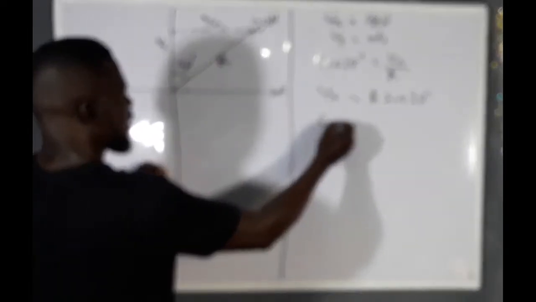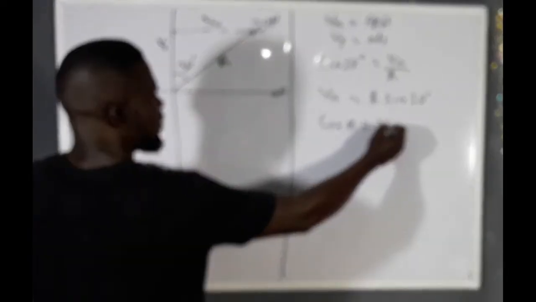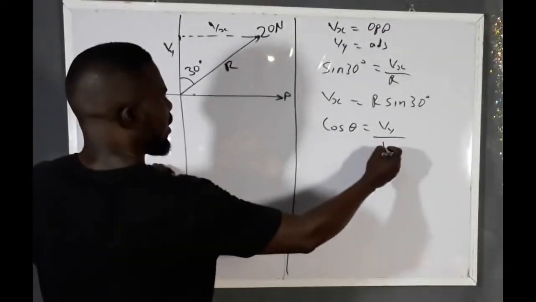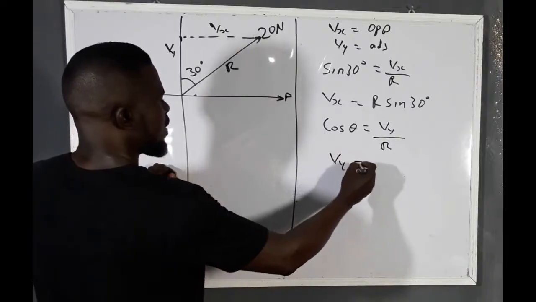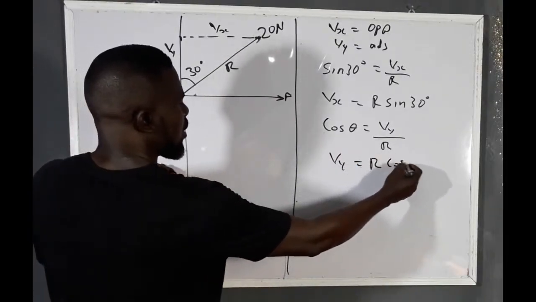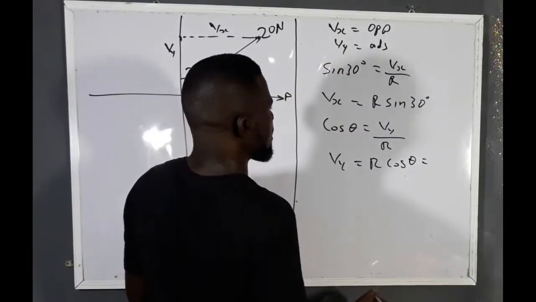And we can also say cos theta is equal to adjacent, which in this case is Vy, all over r, hypotenuse. Therefore, Vy is equal to r cos theta, which in this case is equal to what?